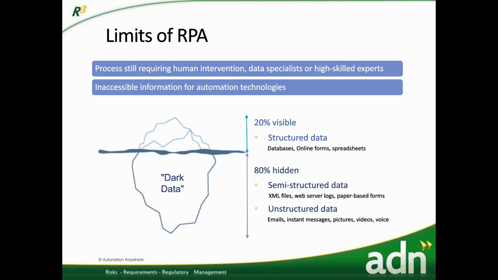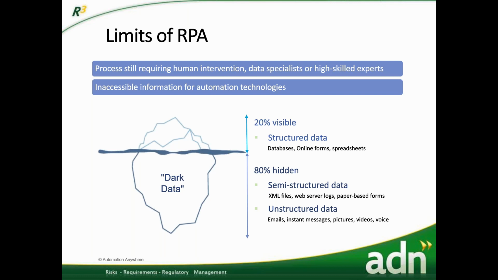Another blind spot is access to some information, because in all the systems we use, only a small part of the data can be called structured data. 80% needs actions relied on humans, and we can call that dark data, made of semi-structured and unstructured data.